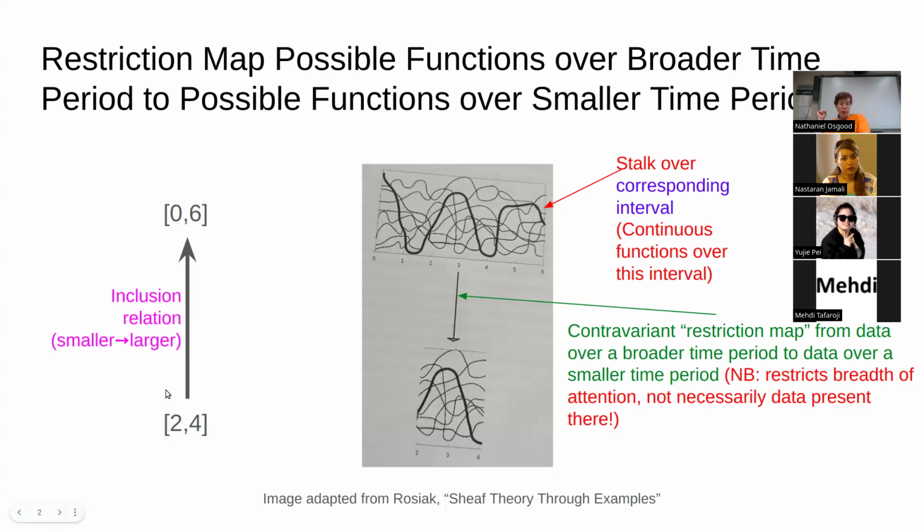Now, one thing I want to draw your attention to centrally in the examples I'll be talking about today, recurrently, I'll be coming back to this point, is that I think we'd all agree that interval 2-4 constitutes a subpiece of interval 0 to 6, right? It's a subset of that interval.